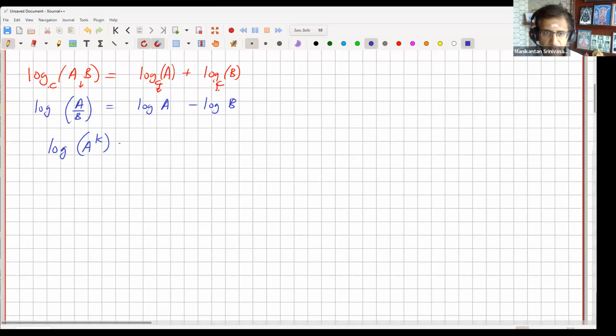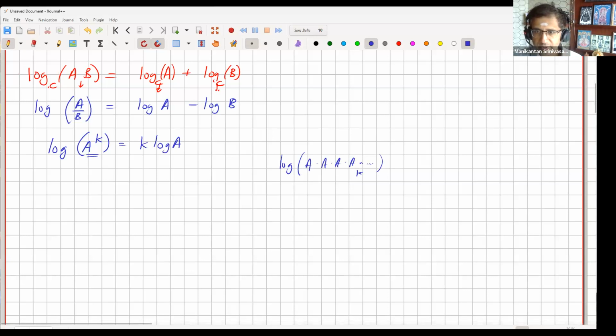So where is this coming from? You can think of this as log of A into A into A into A, K times. Now by the product rule, we know we can split.